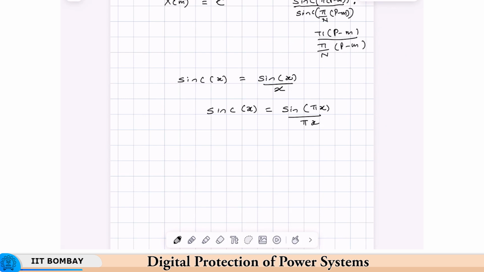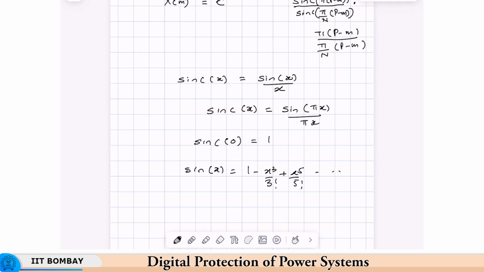What is sinc of 0? Sinc of 0 is 1. How is that? There are various ways of doing it, but you take sin x is equal to x minus x cube by 3 factorial plus x to the 5 by 5 factorial, and so on.